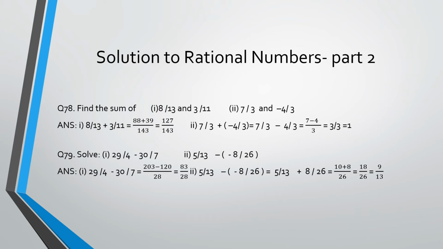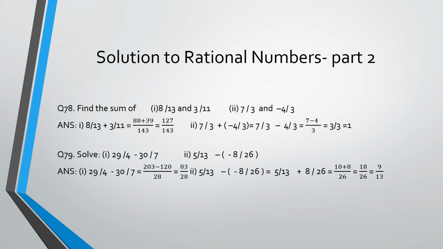Question number 79. Solve 29 by 4 minus 30 by 7. So it's just a subtraction sum where again the LCM method is used. LCM is 28 and the final answer is 83 by 28. I think you have solved it on your own and if your method is correct, if your calculations are correct, you should be getting these answers.